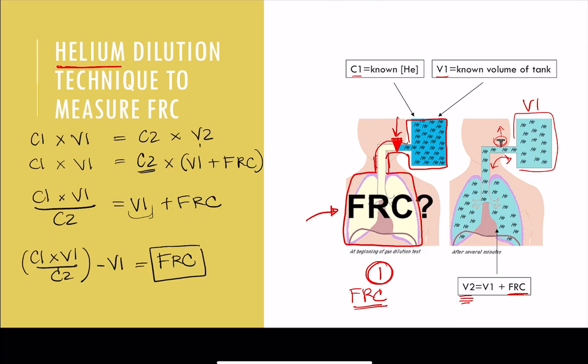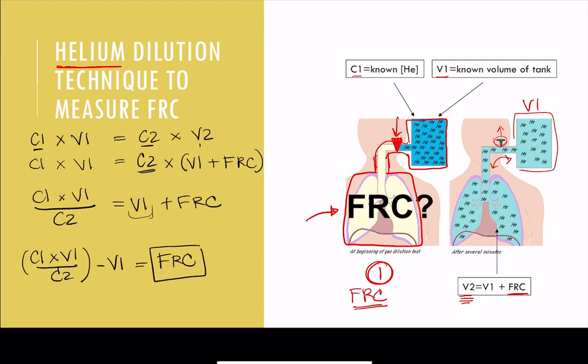So this technique works because we are measuring the concentration of helium. And helium doesn't get absorbed into the blood. So when you open that stopcock up and let the individual breathe just from this tank, we're not removing the gas, we're just diluting the concentration because we've allowed it to go into a larger volume.